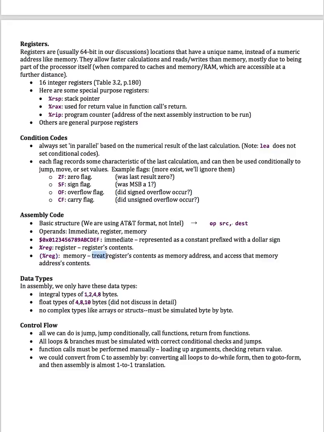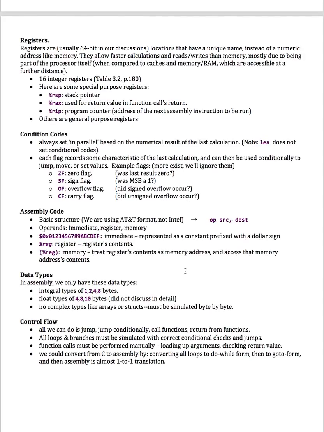It treats the register content as a memory address and accesses the contents at that memory address, right? Basically, we get the address that is stored in the register and dereference the value from there, okay? We'll talk more about this in the next page.